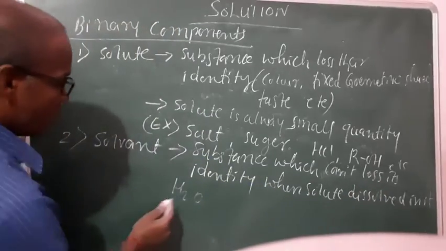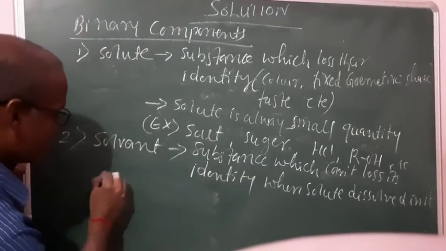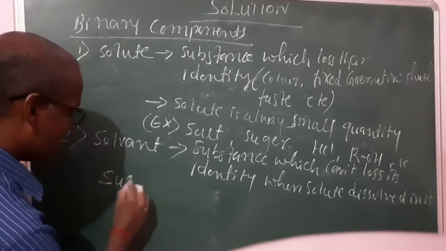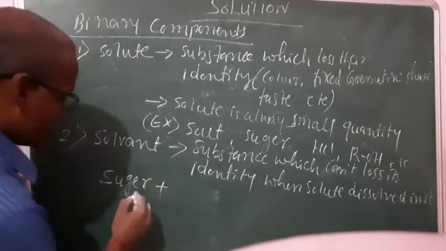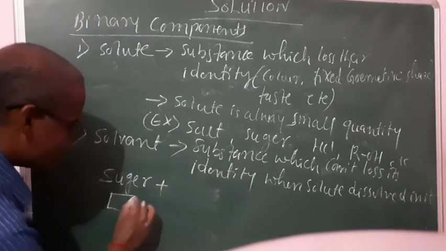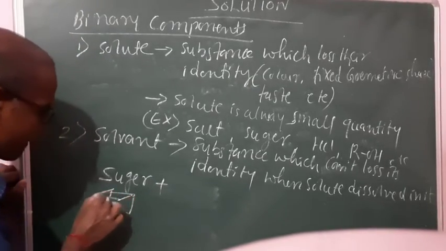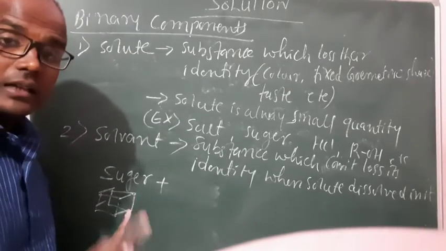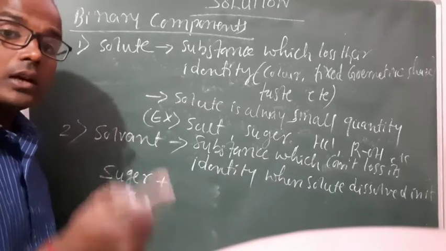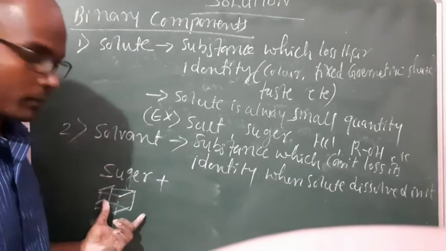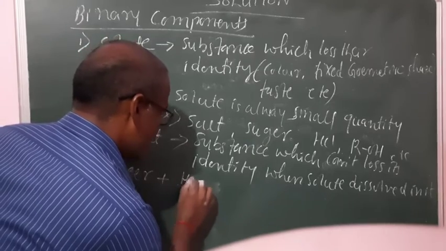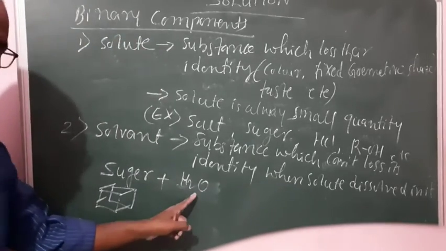Example, look at here. If I am using the sugar particle which has the cube-like structure, what is the identity? It is hard, rigid and solid form. And we use water as the solvent.